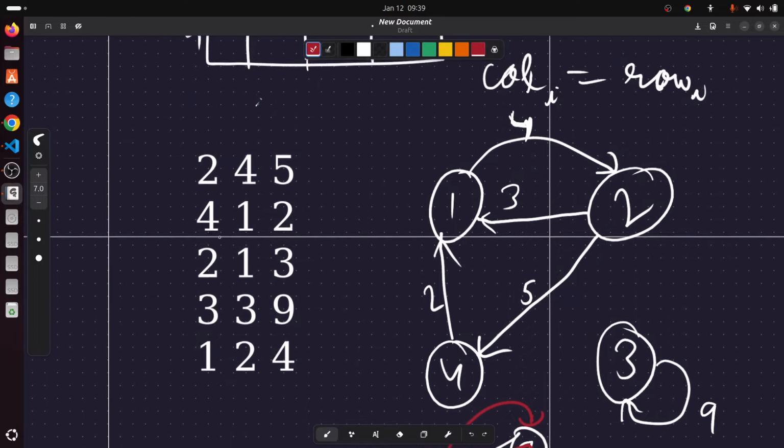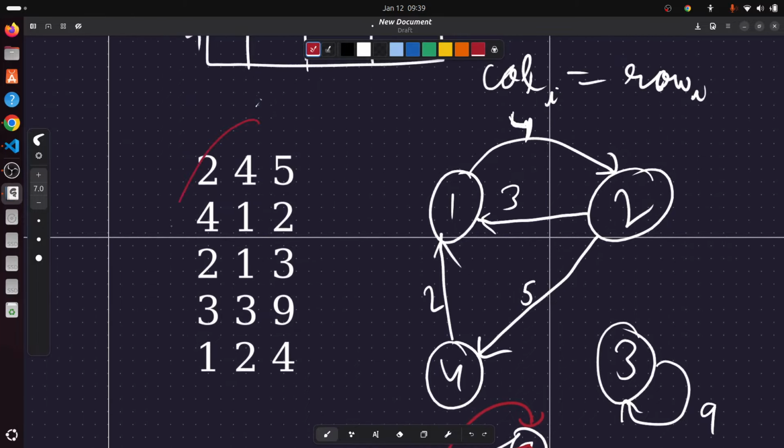I can write this input as the edges. Like 2 4 5 means I have an edge from 2 to 4 having weight 5. I will model it like that. And then 4 1 2 means I have an edge from 4 to 1 having weight 2, and so on. I'll draw all the 5 edges, and they are saying that we have to take this edge, right?